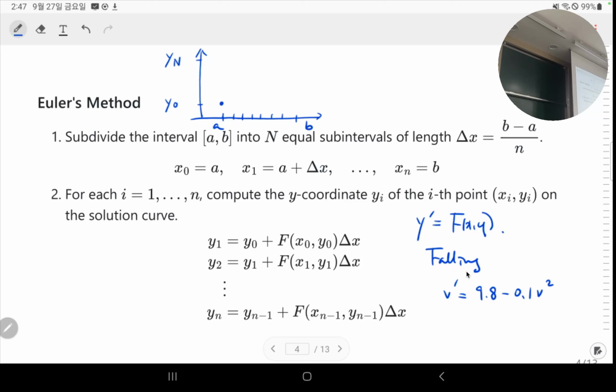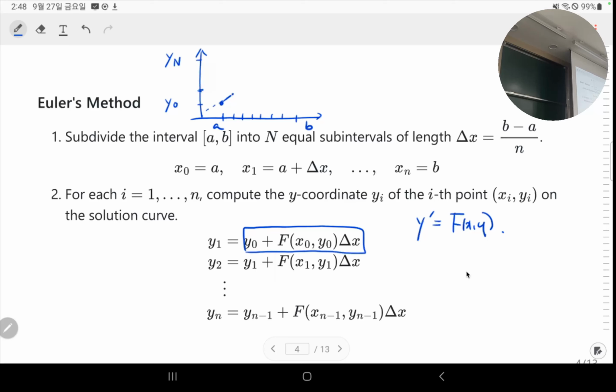It gives you how fast the value of the function increases or decreases over a certain period of time. So once I have this, I can take the (a, y0) and the rate of change here, and then add to y0 the amount that I need to increase by this formula.